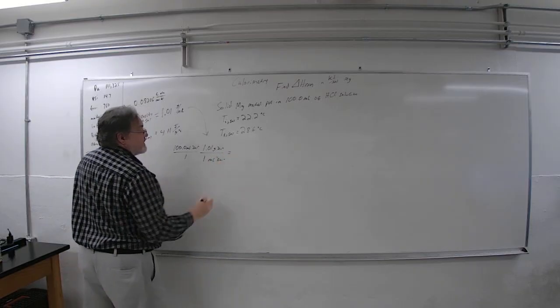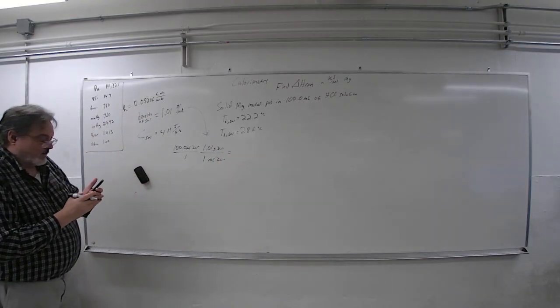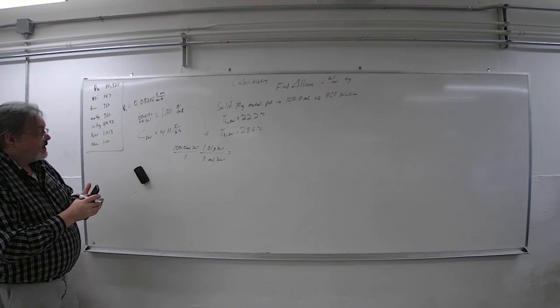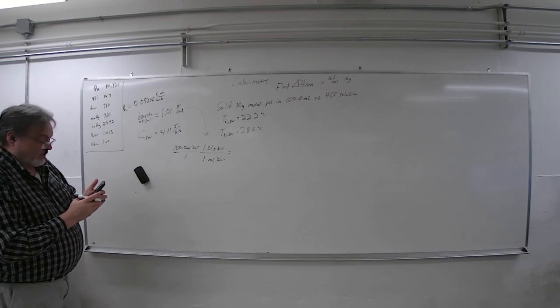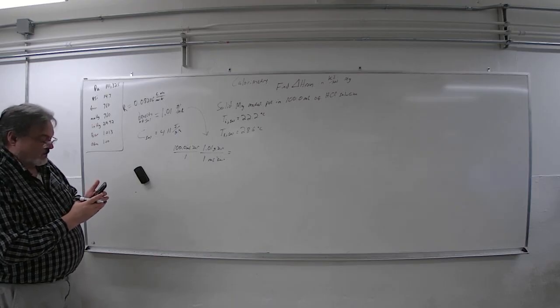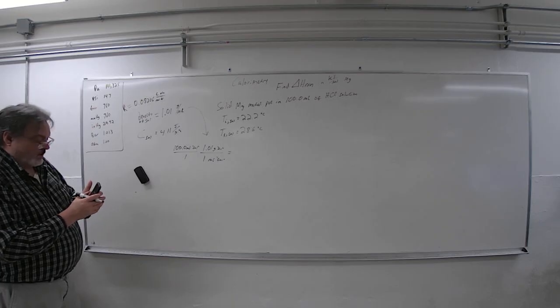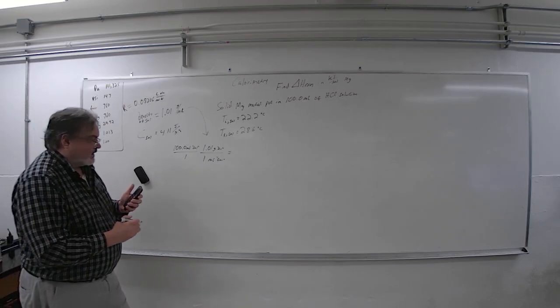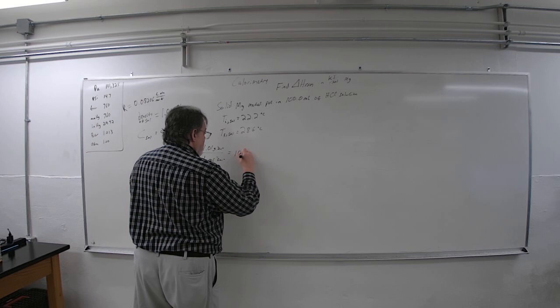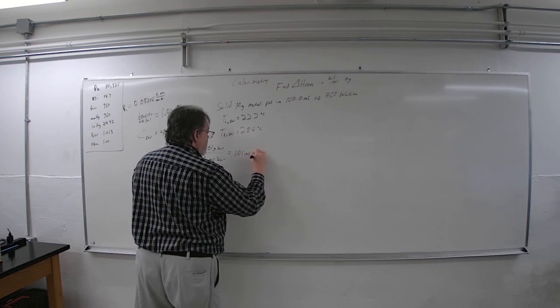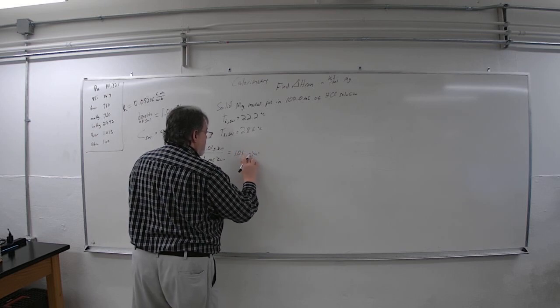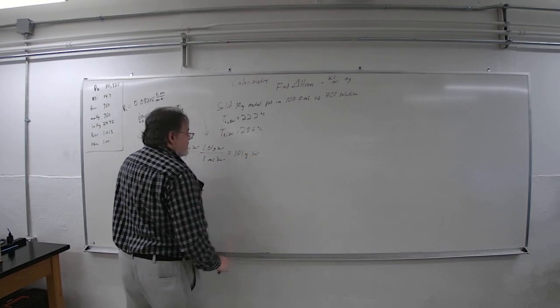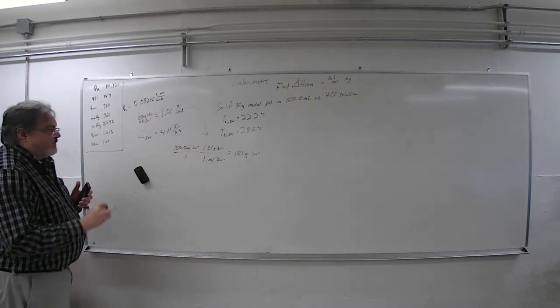That's going to tell you how many grams of solution you have. So 100 times 1.01 is 101. So that's how many grams of solution we have.